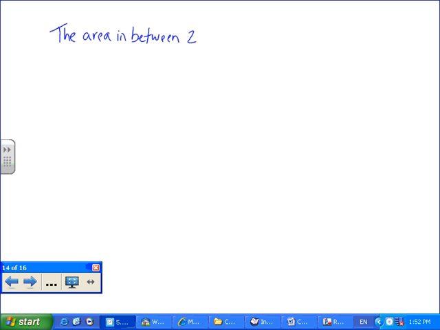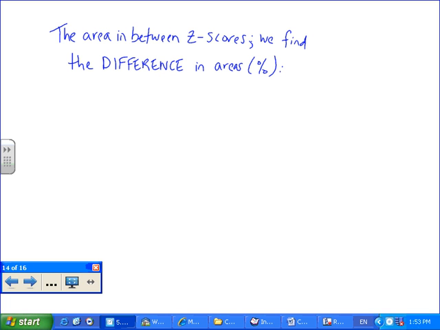So to find the area in between z-scores, okay, we subtract, or we take the difference in areas. And remember that the areas here are just the percentages. That's what we're finding, percent of data, which is equivalent to our area.